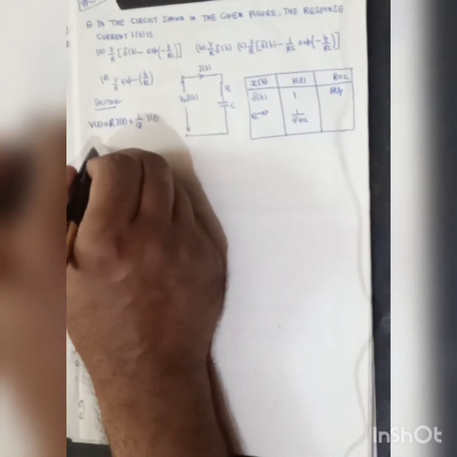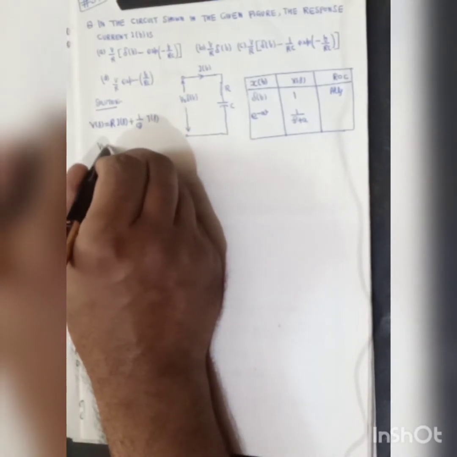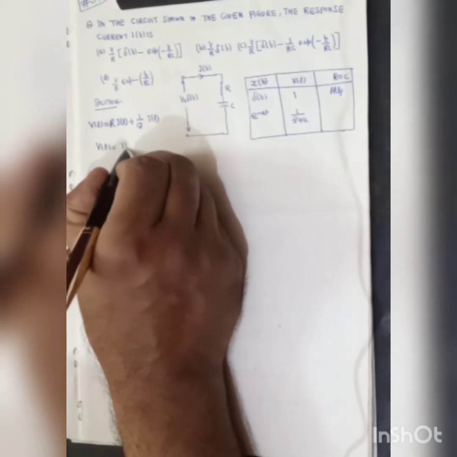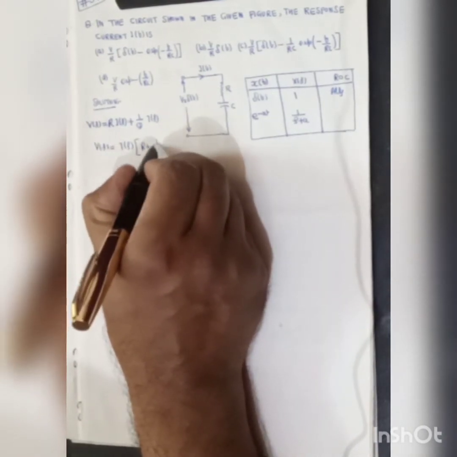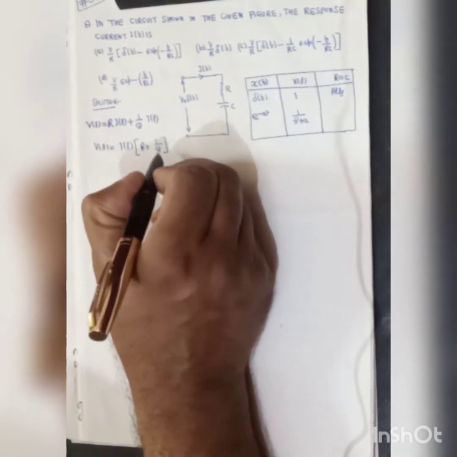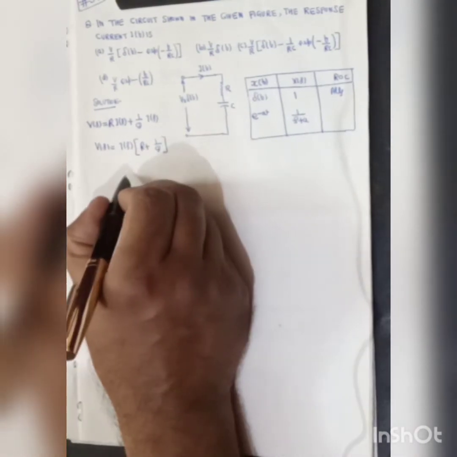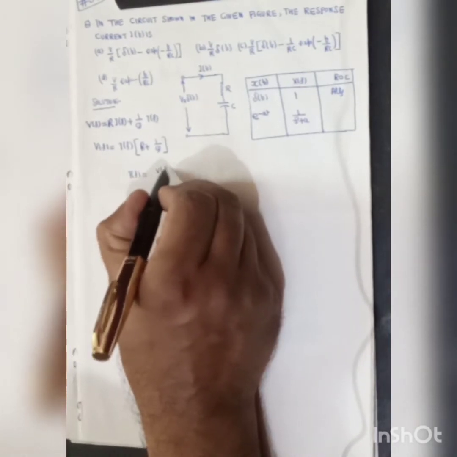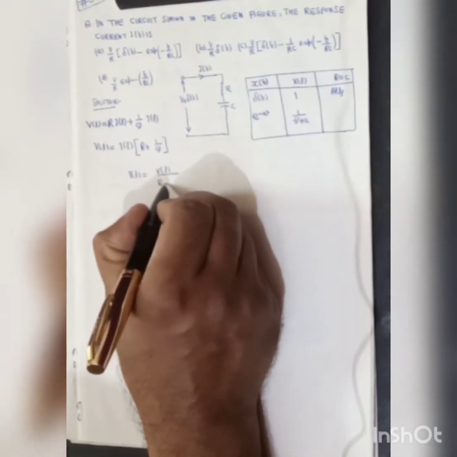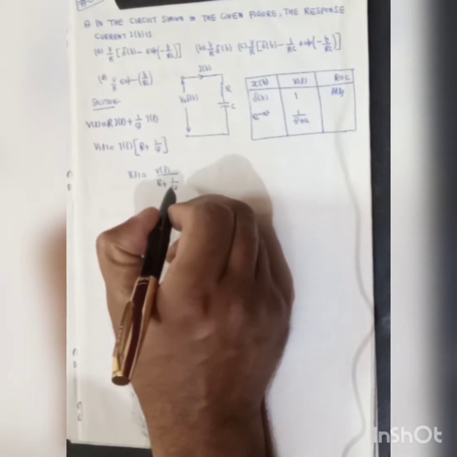Now we will take I(s) common, so V(s) will be I(s) multiplied by R plus 1 upon Cs. So I(s) can be written as V(s) divided by R plus 1 upon Cs.